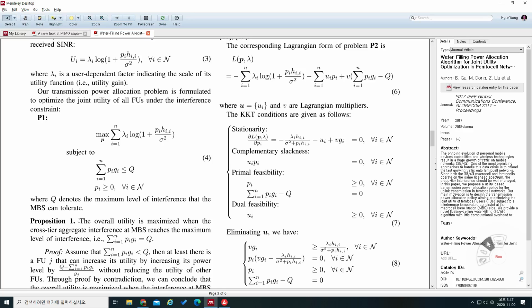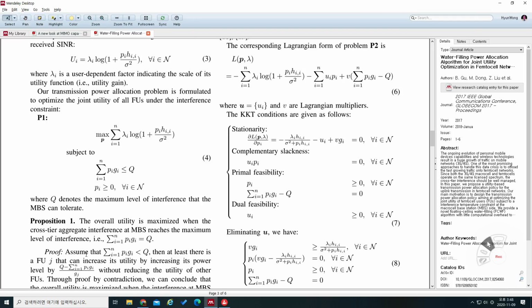Proposition 1: The overall utility is maximized when the cross-tier aggregate interference at the MBS reaches the maximum level of interference, that is, the sum over i of p_i g_i equals Q.